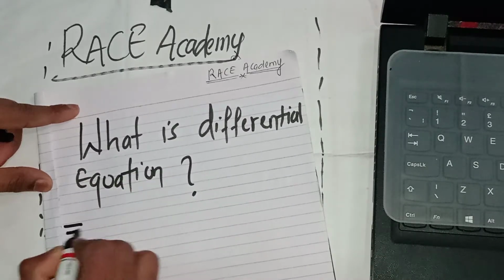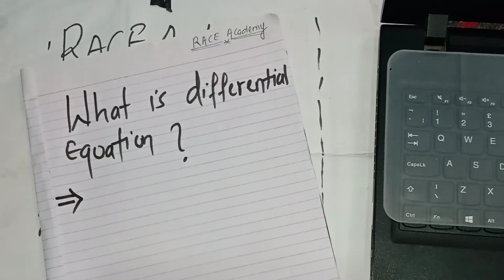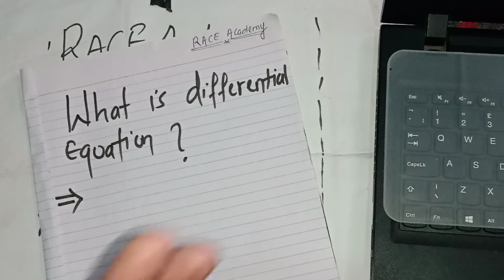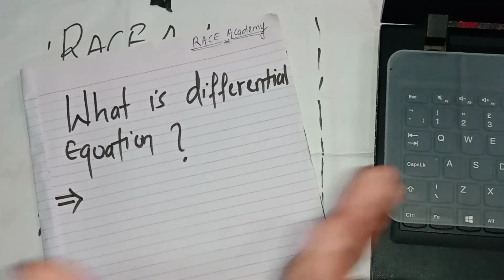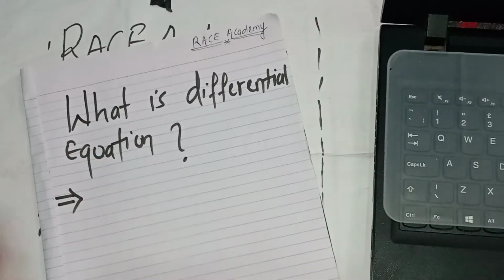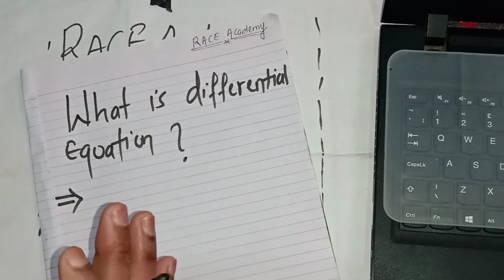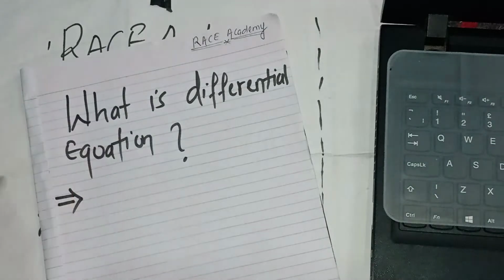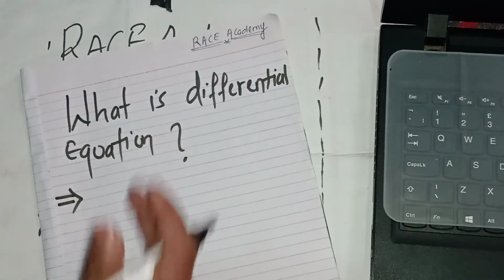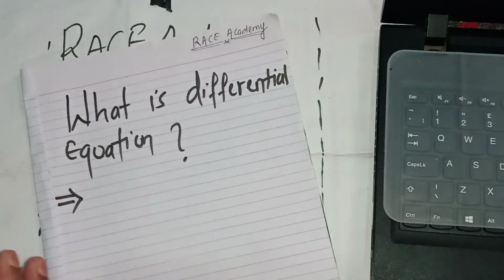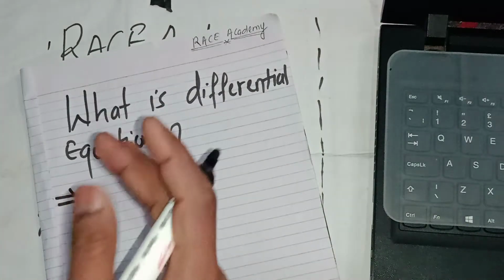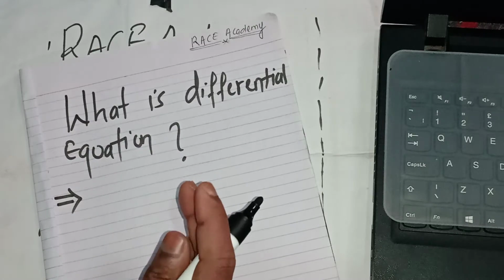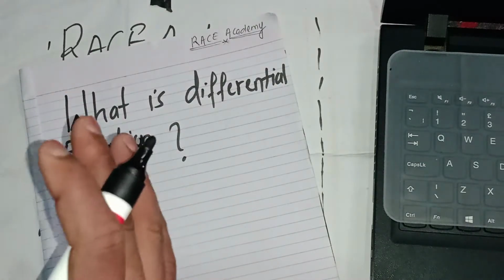I'm not going to write half a page of explanation copied from other books. I'm only going to tell you what kind of equation we call a differential equation. For this, the equation must be in the form of one or more derivatives.